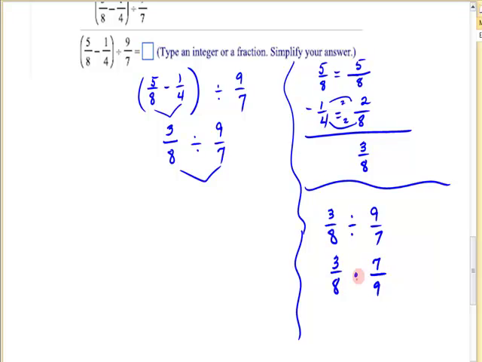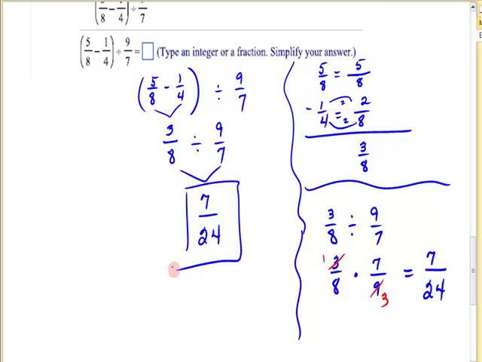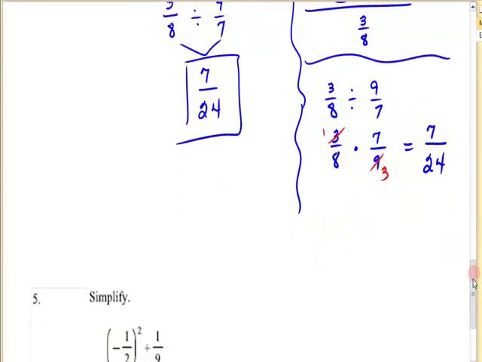Once it's changed to multiplication, bow tie, 3 goes in there once, 3 goes in there 3 times. I don't think there's anything else we can do. 1 times 7 is 7. 8 times 3 is 24. I get 7 over 24. So I had to subtract, getting a common denominator, then divide using keep, change, flip.